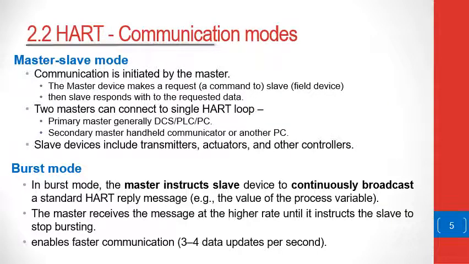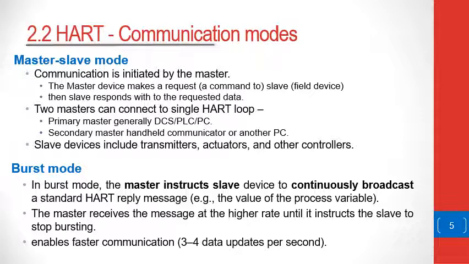As previously stated, HART is a master-slave communication protocol, which means the master in the network initiates communication by requesting data from a slave device, which is normally a field device, and then the slave device responds with the requested data.